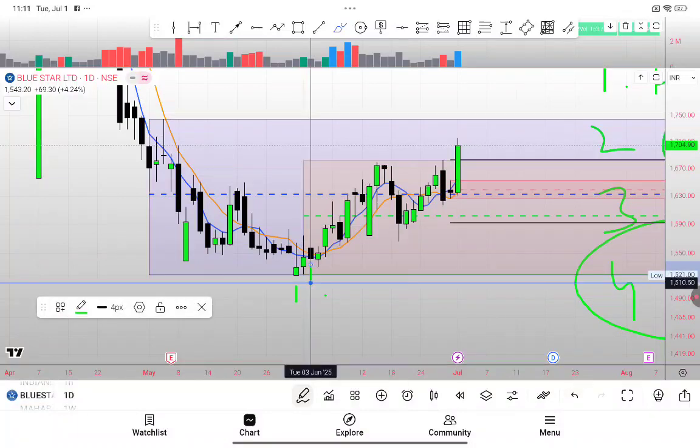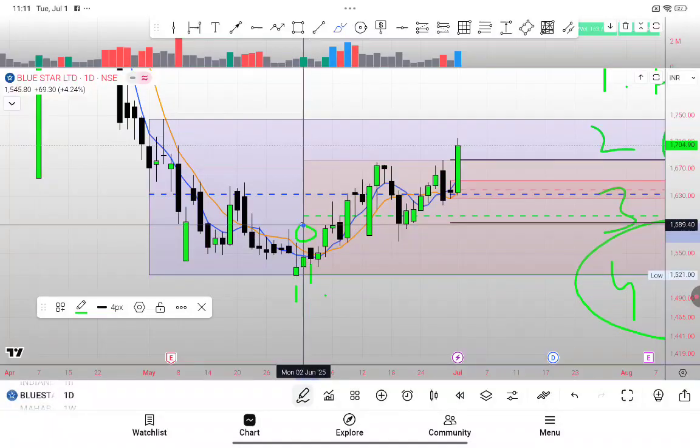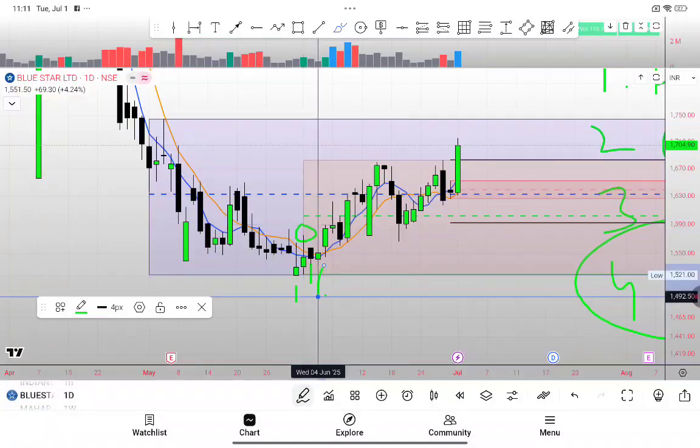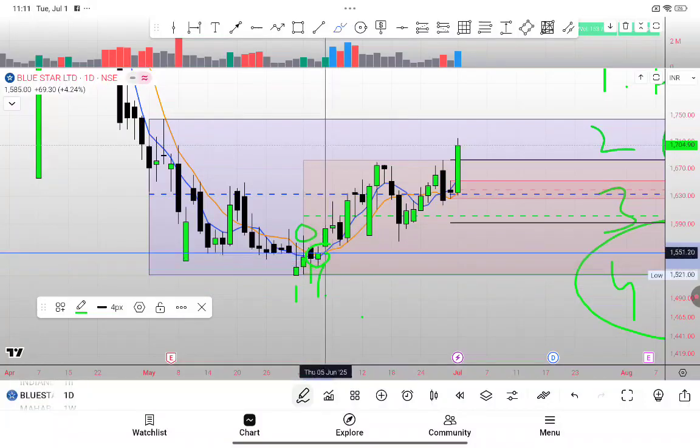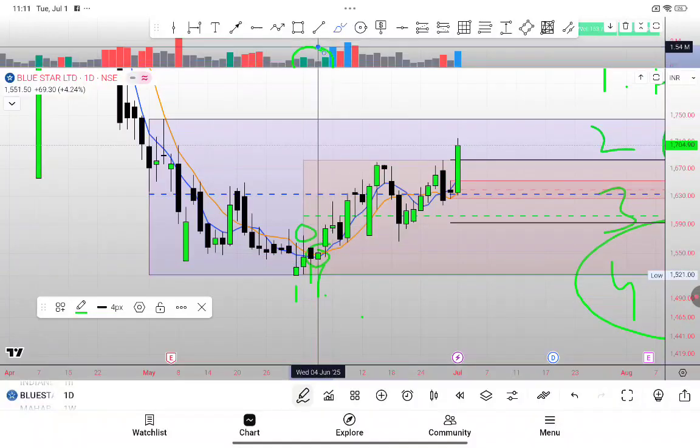On this candle, third candle, did the high of the candle close above the previous candle? The answer is no. So let's leave this candle. This candle, did the high of this candle close above the high of the other candle? The answer is yes. Did the price close above the previous close? Answer is yes. Was there enough volume? If you see above over here, the volume was lesser than the previous day, so the conditions are not fulfilled.